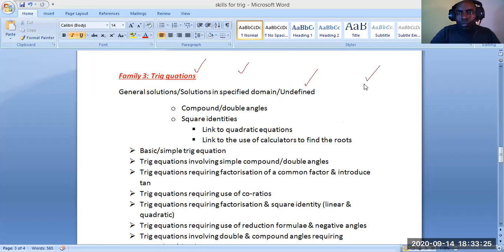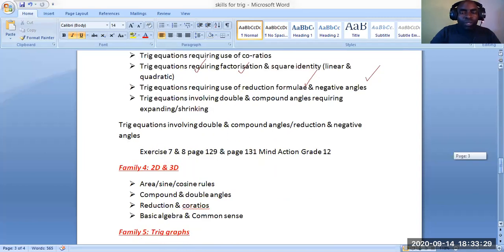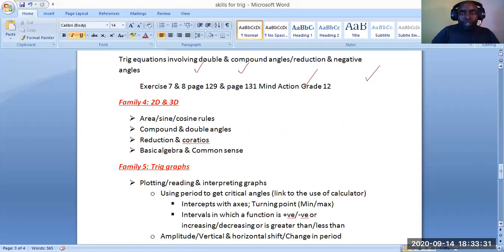Family number 4 involves questions that deal with 2D and 3D. In the 2D and 3D, it's mostly the grade 11 work, area rule, sine rule, cosine rule, but also part of the compound angle and double angle, and reduction and correlations.